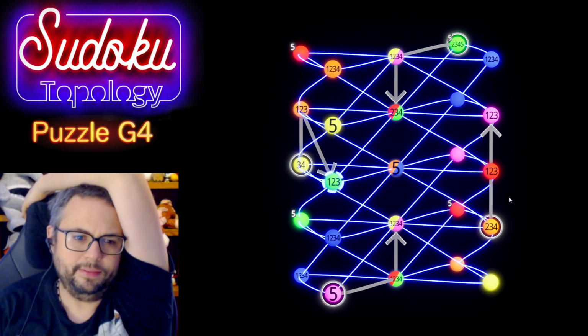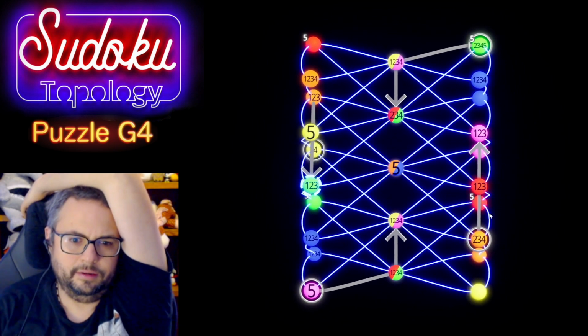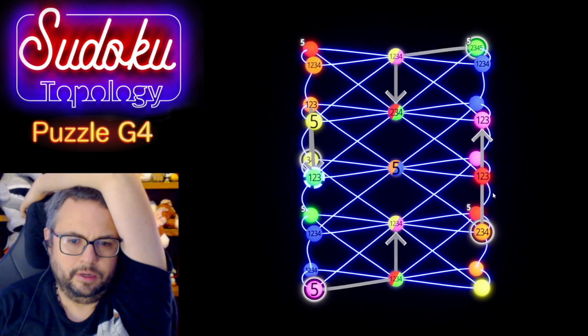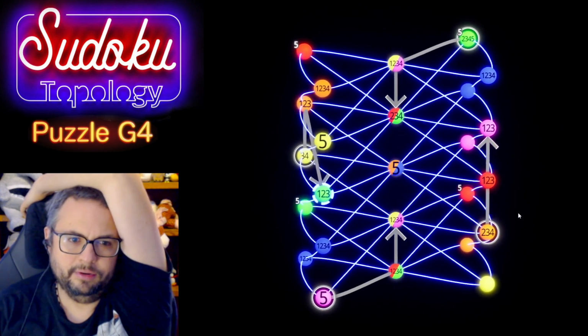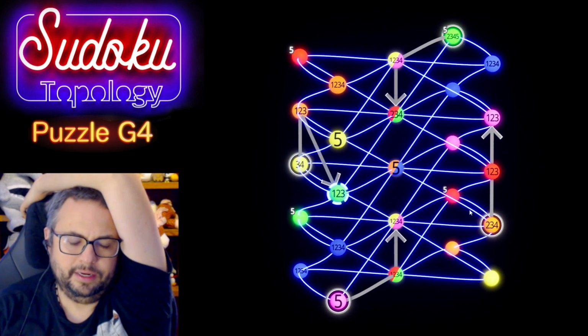I don't know if I can rule out these being double 2. I might be able to. Are there any of these where 4 is now restricted? I don't think so, unfortunately.